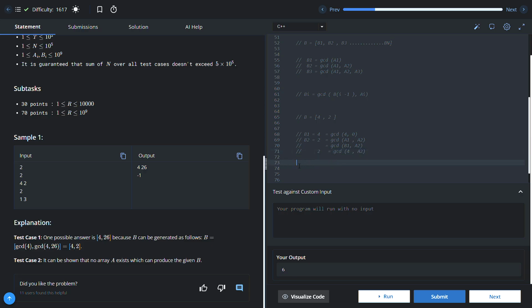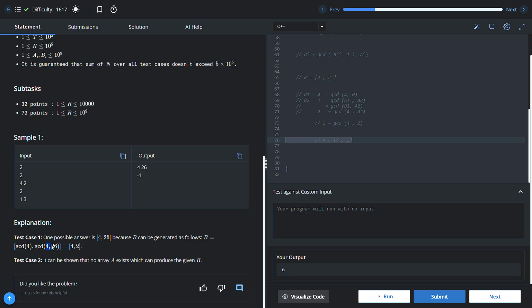Now, this 2 is equal to GCD of 4, comma this 2, which will again be repeated here. So the A array will be 4, comma 2. That's it. We have to return this array, right?